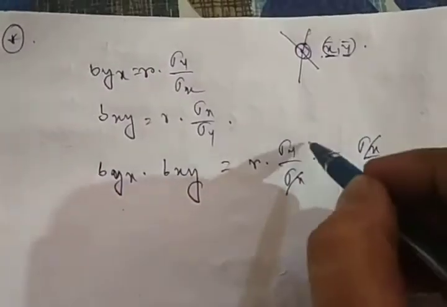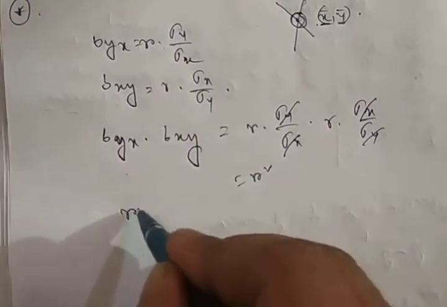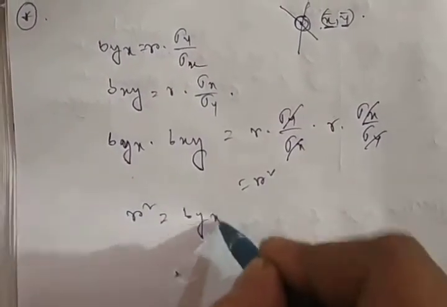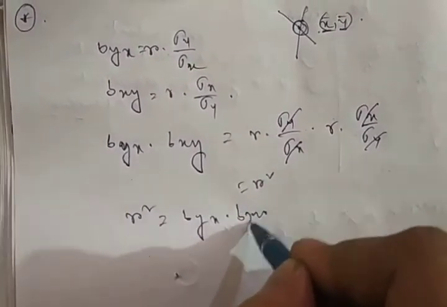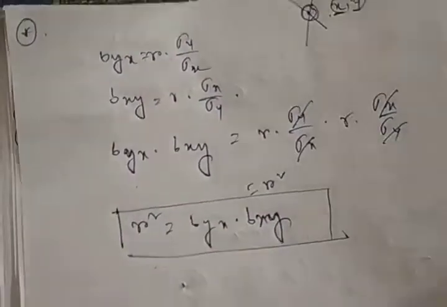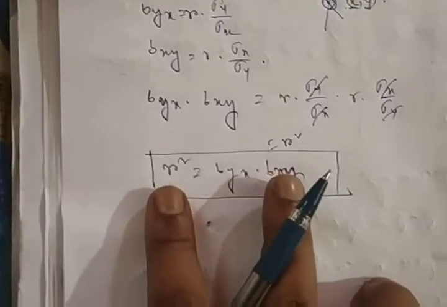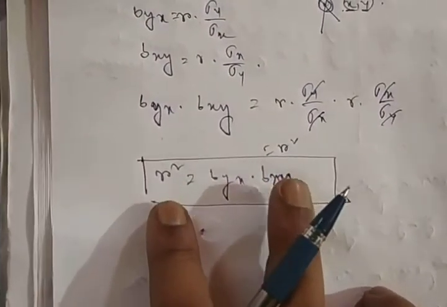So sigma x and sigma y will be cancelled out, and we get r square. So this is the relation between the regression coefficients and the correlation coefficient. If we can find the two regression coefficients, then we can find the correlation coefficient r.